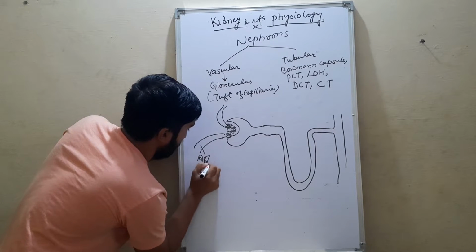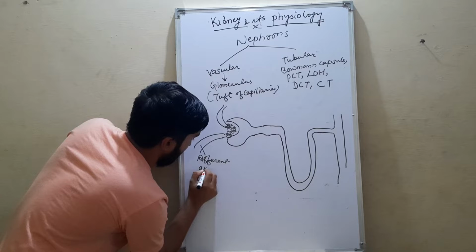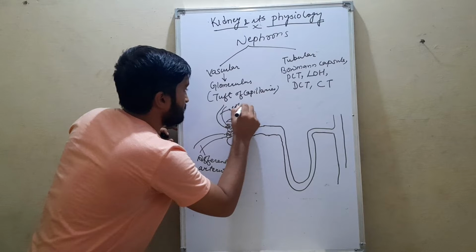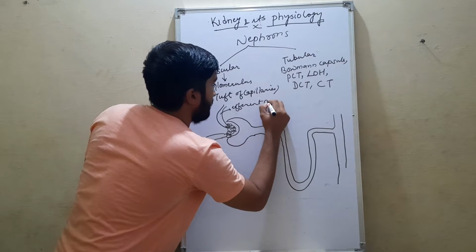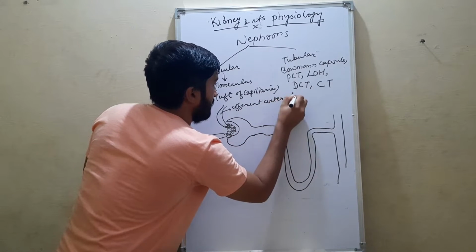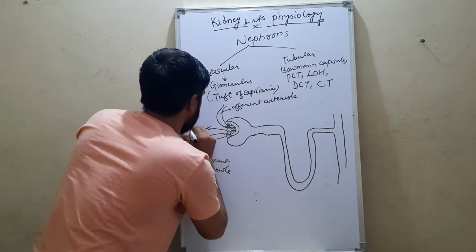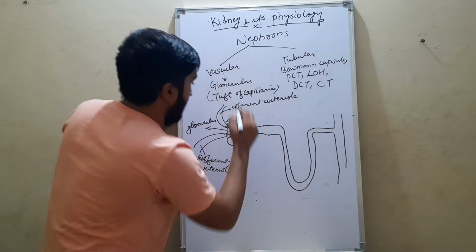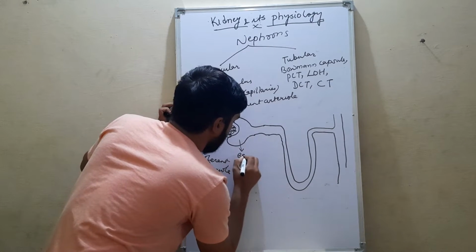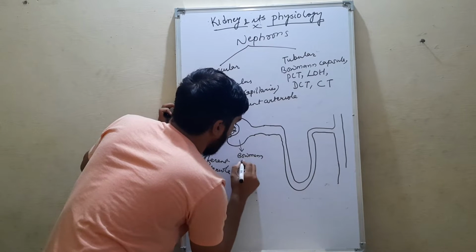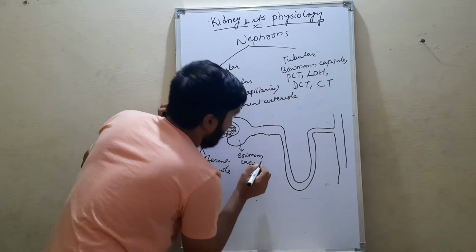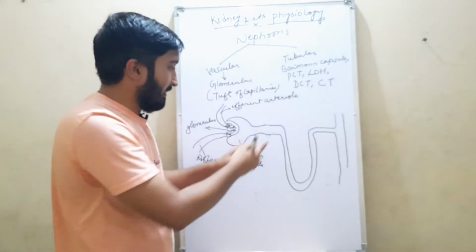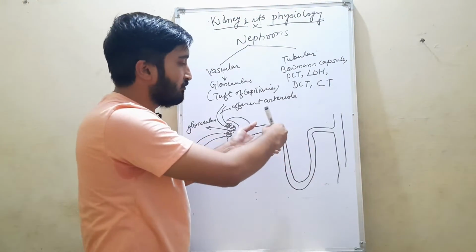So afferent arteriole, efferent arteriole, glomerulus, and this is Bowman capsule. Now see, sometimes the loop of Henle is divided into different parts.